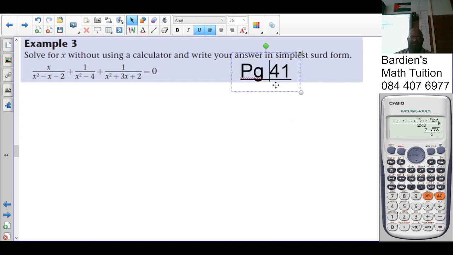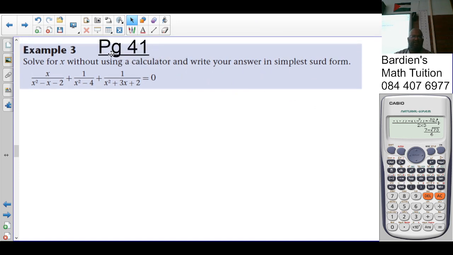Good. Okay, right, here we go. Listen. Example 3 on page 41.